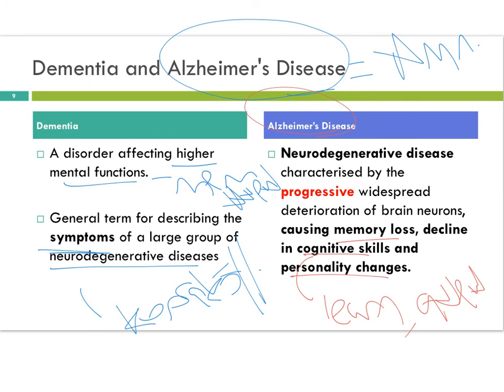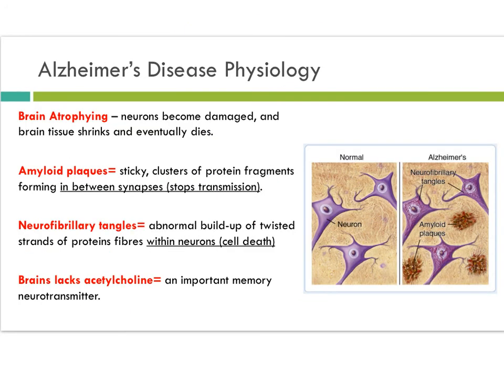We also have other changes with cognitive skills, social changes and personality changes. It's quite hard to definitively say that someone has Alzheimer's until after they are dead, so through autopsy.